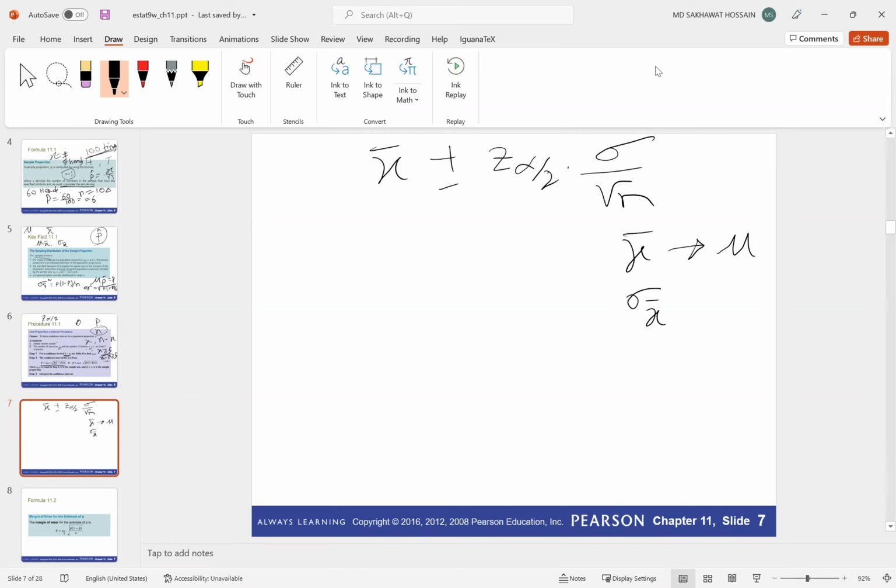Similarly, for this one, we need the point estimate, which is p hat.